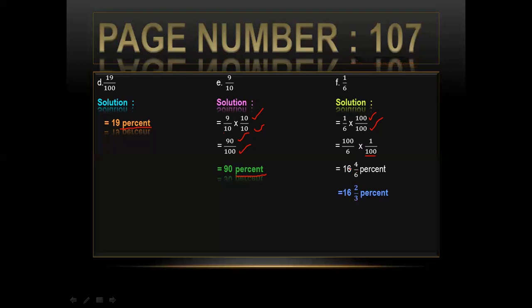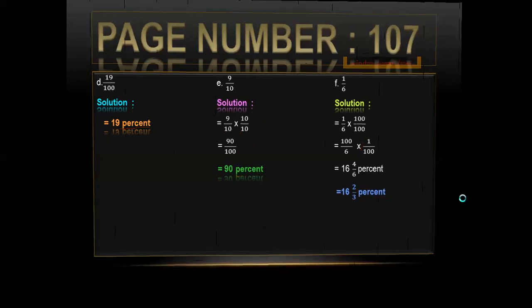When we divide 100 over 6, we get 16 whole number 4 over 6. And again we can cancel 4 and 6, 16 whole number 2 over 3, and 1 over 100 will be converted into the word percent. 16 whole number 2 over 3% is our required answer.